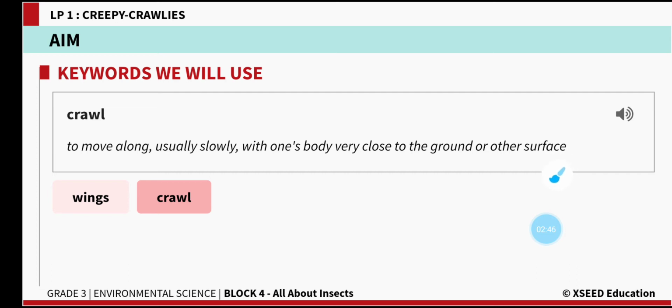The animals which move very slowly and whose body is very close to the ground, such movement is known as crawl. Babies crawl on the ground. When they are crawling, their body is very close to the ground. Slowly they move.